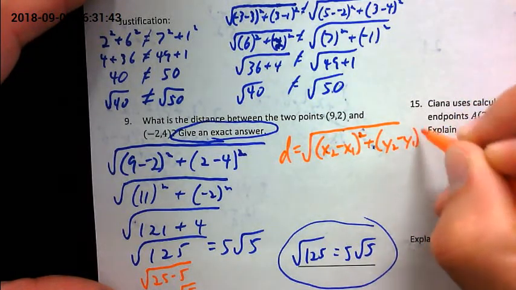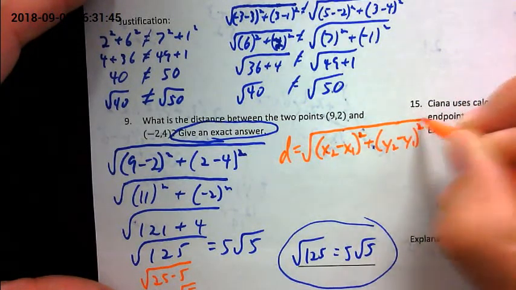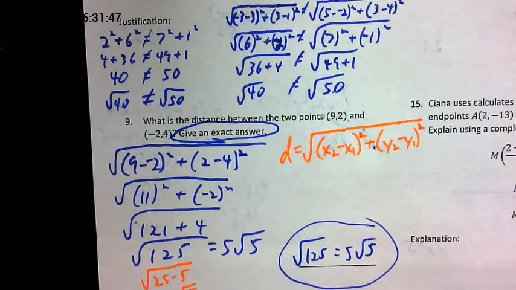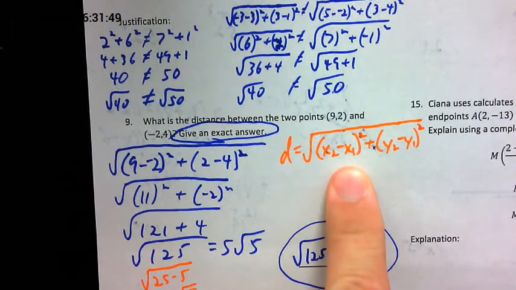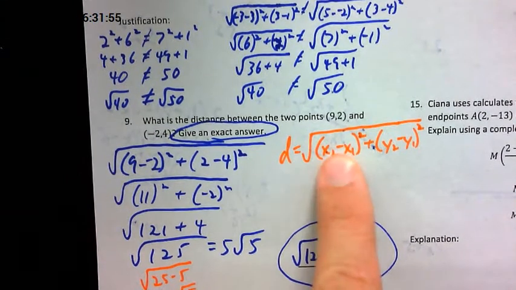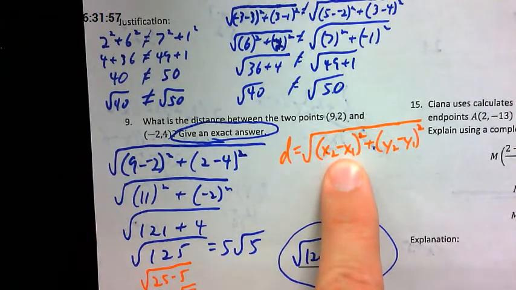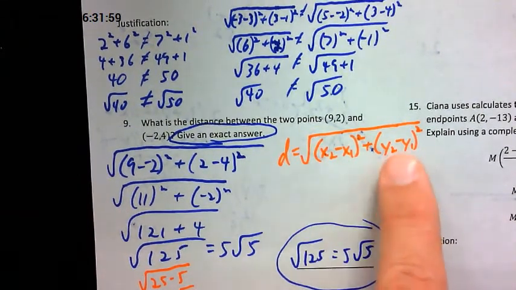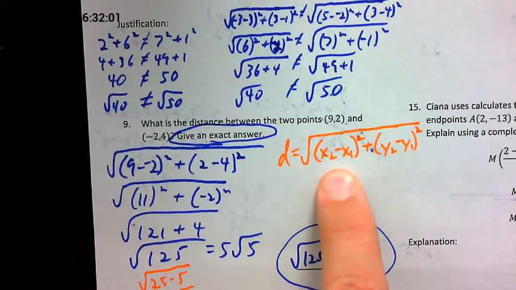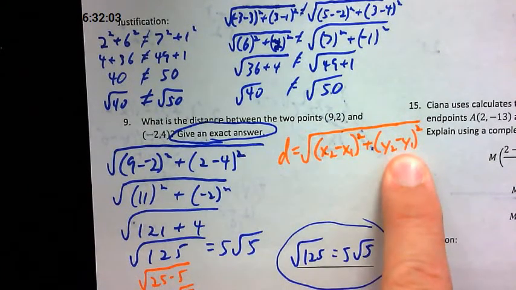y2 minus y1 squared. Now, it doesn't really matter which x value comes first, because when you subtract it, you're going to get the same value. It just would be either positive or negative. So then you can square that number, and you'll get the same thing. Same thing for the y's. So as long as both of these are your x values, and both of these are your y values, no matter the order, it should work out.